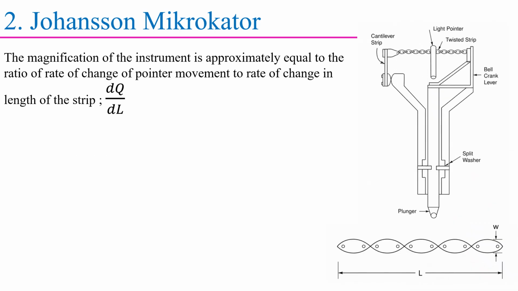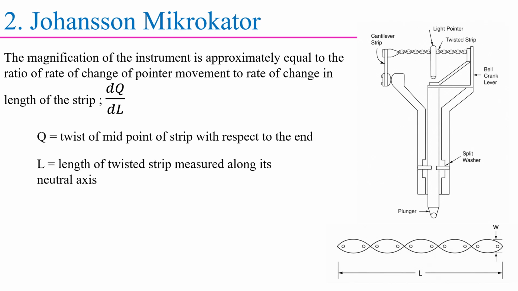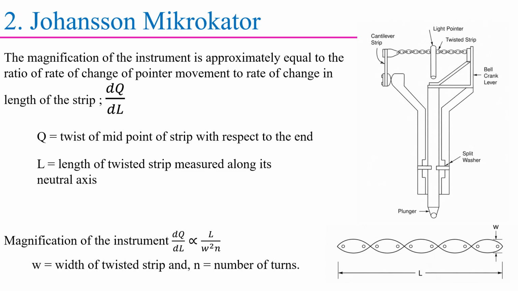Next, we have to discuss the magnification of the instrument. Magnification of the instrument is approximately equal to the ratio of rate of change of pointer movement to rate of change in length of the strip, which is dθ by dL. Here θ equals the twist of the midpoint of the strip with respect to the end, and L is the length of the twisted strip measured along its neutral axis.